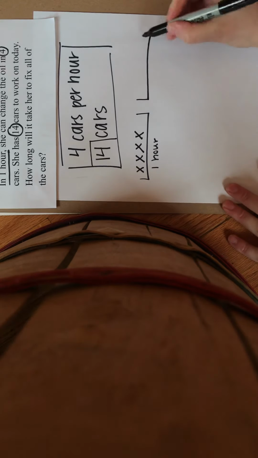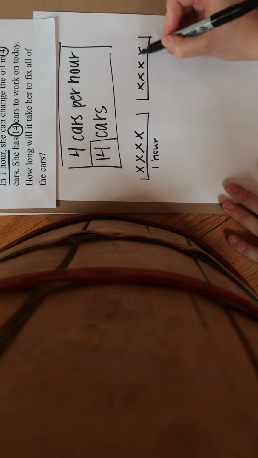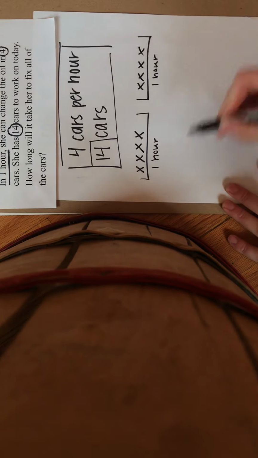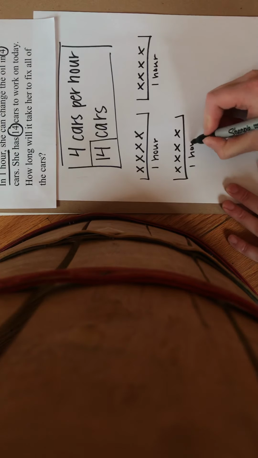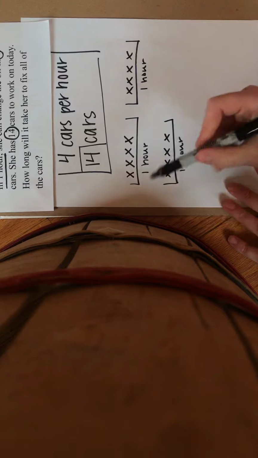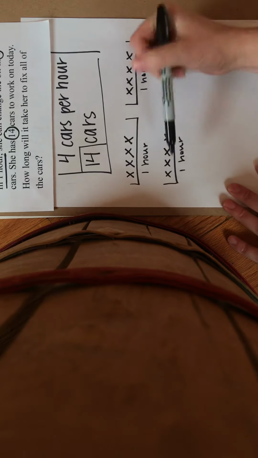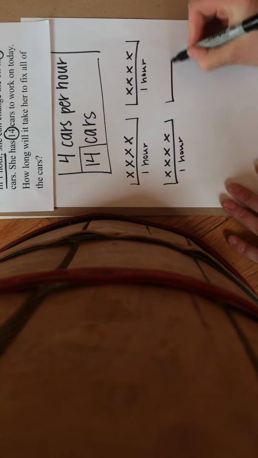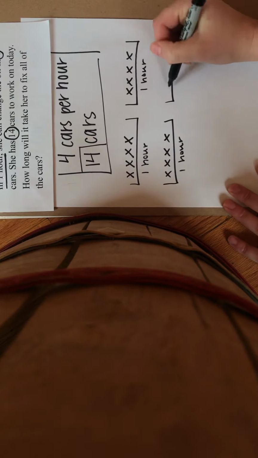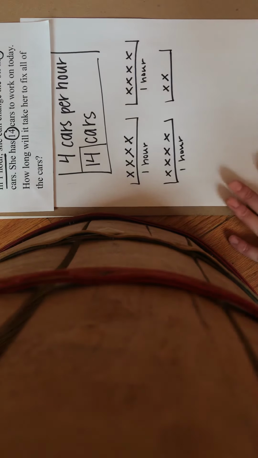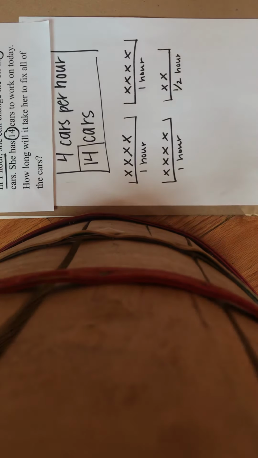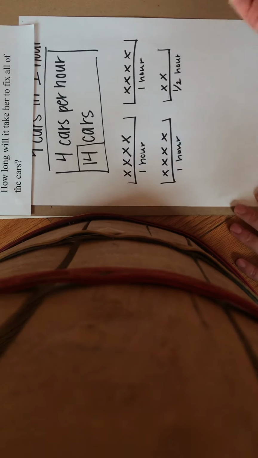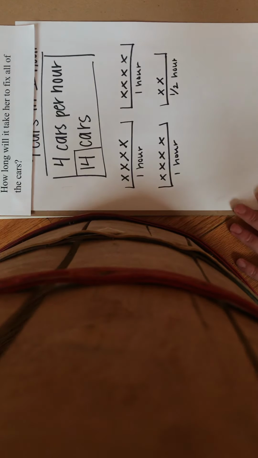So we could group it up like this to figure out how many cars. So 4, 8, 12. So now we're at 13, 14 cars. So we could group it up like this and count each individual car, or we could use division.